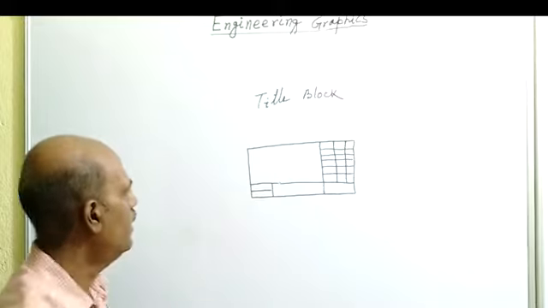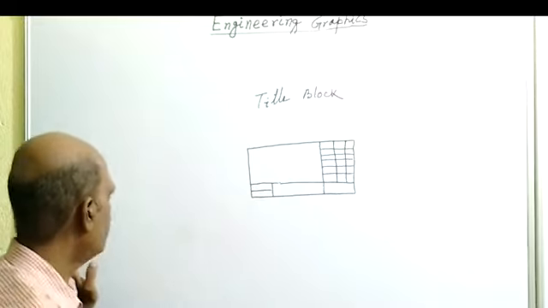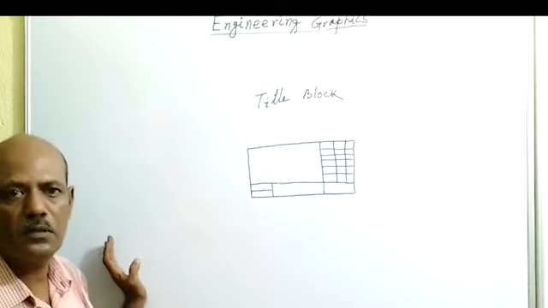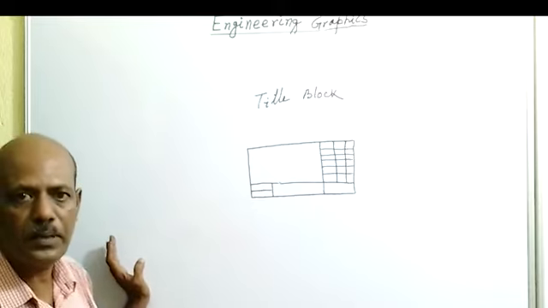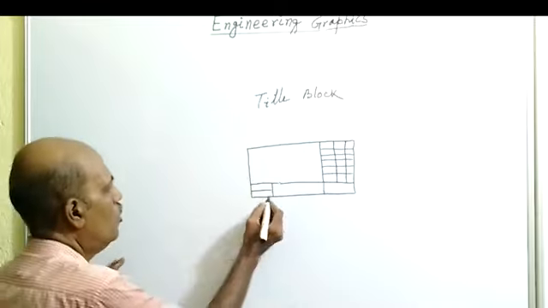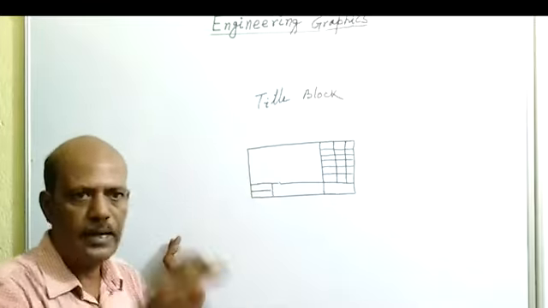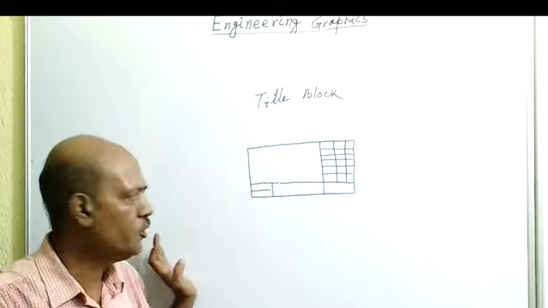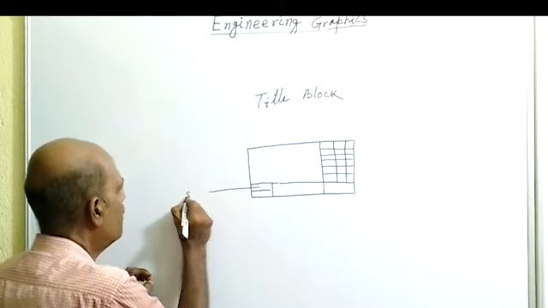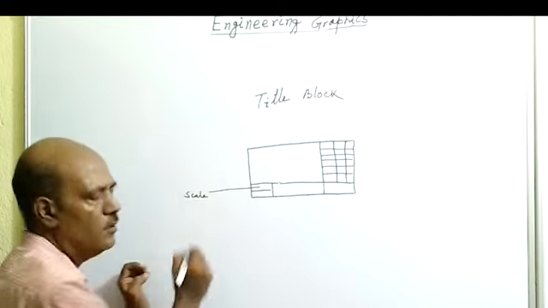So this is the title block. The various information contained in the title block is the information related to that particular drawing which is drawn on that particular sheet. The title block is drawn at the right hand bottom corner of the sheet, and this box contains the information of scale.